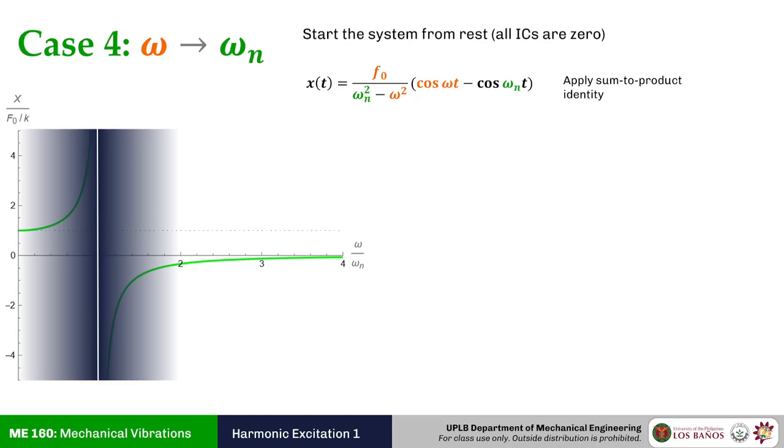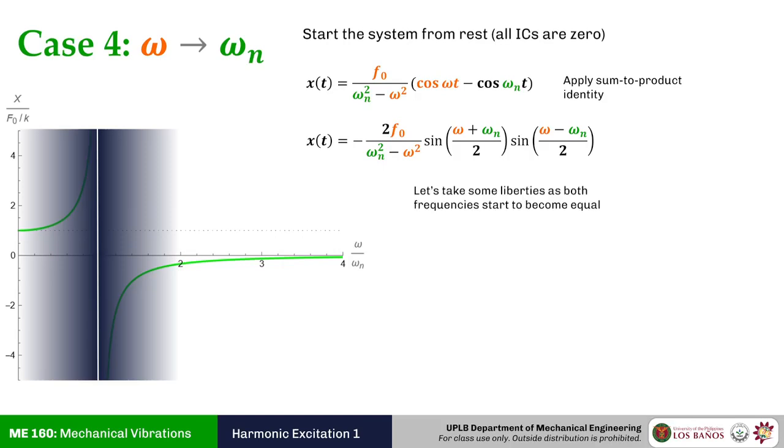And what's going to happen here is that we are going to have a specific assumption. Because your forcing frequency is nearing the natural frequency, we can make the following simplifications.